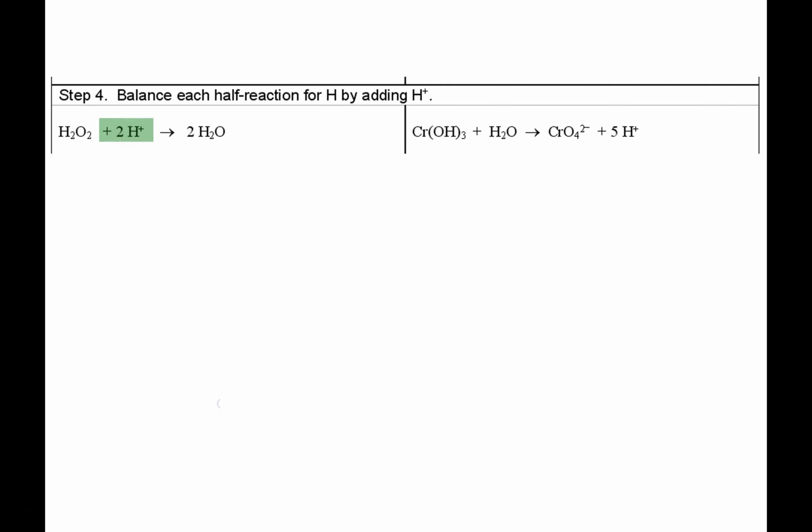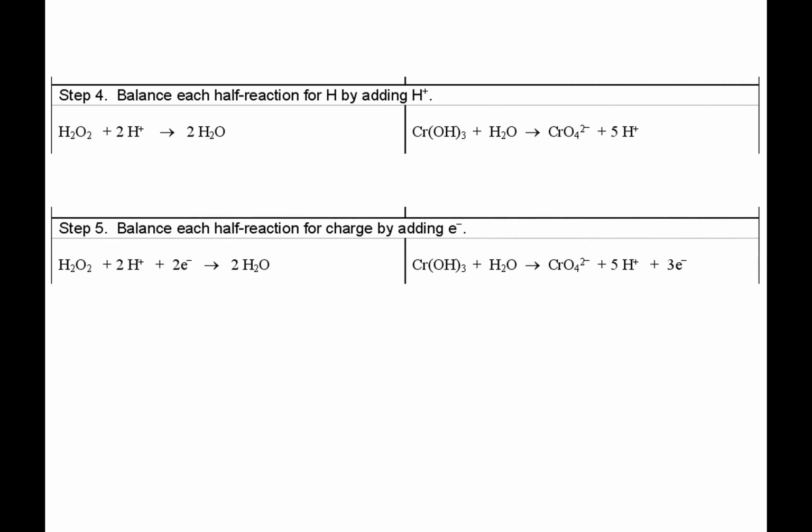Over here, we need to add 5 H pluses because we introduced 1 water molecule, which gave us 2 hydrogens, but we already had 3 hydrogens as part of our chromium hydroxide. So 5 H pluses, I'm liking it.